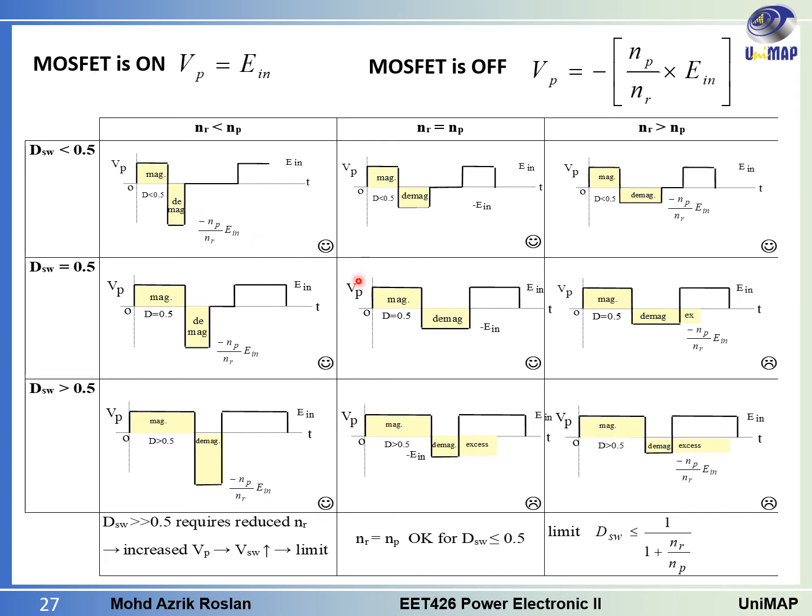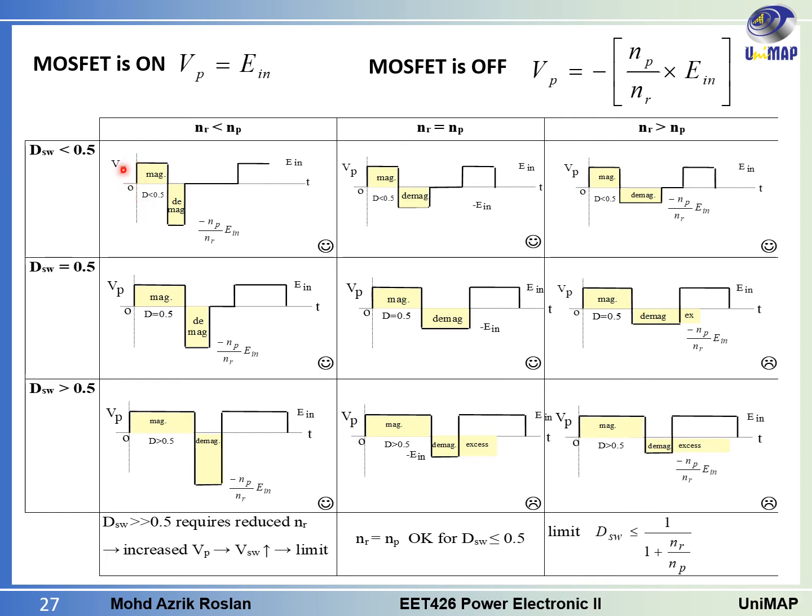So let's say at this particular point, the switch here, we set the duty cycle for a value less than 0.5. For whatever value that we have for NP over NR, we know that we still have enough time to demagnetize, because to make it easy to understand, we have to give some values.